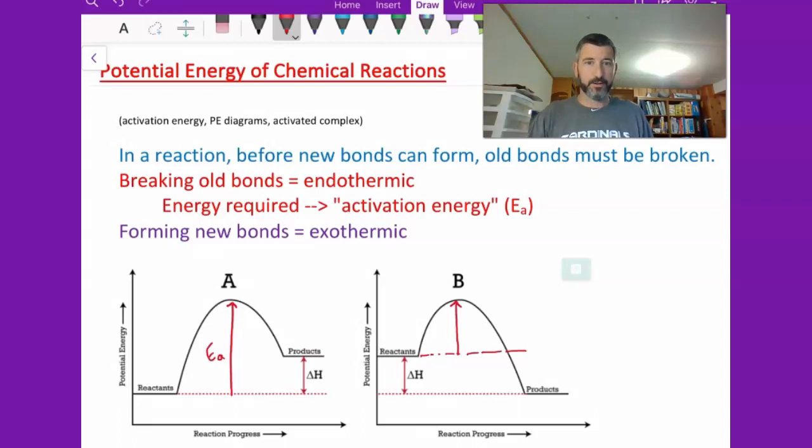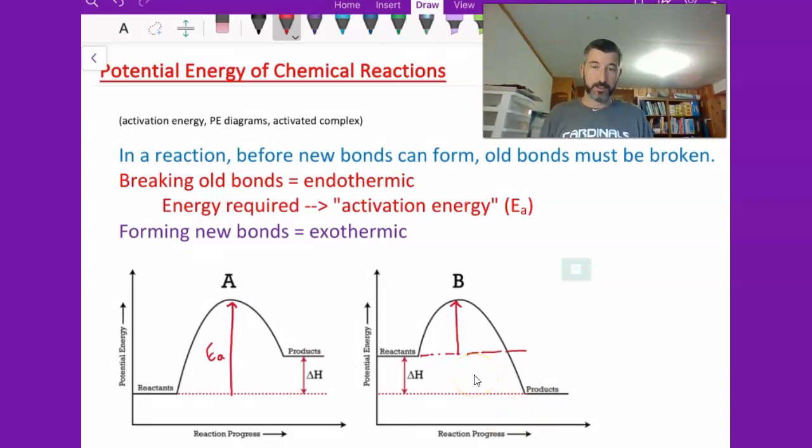But the downhill side of the slope is the exothermic part. So when you strike that match, the uphill, just the friction from the little sandpaper on the matchbook, is pretty small. The downhill is huge. You're seeing that flame. So there's lots of energy being given off. So probably I would say neither of these represents lighting a match.